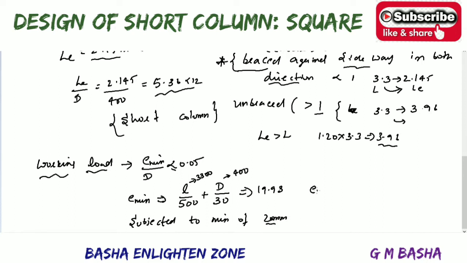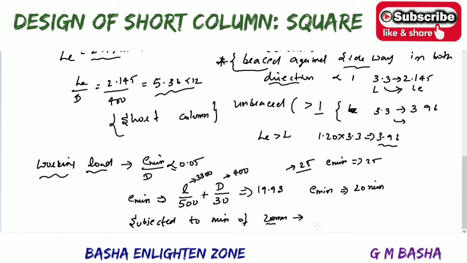Even though you get the minimum eccentricity as 19.93, you will take that as 20 minimum. But if after solving you get some value like 25, you can take the minimum eccentricity as 25. Why? Because you have to take a minimum of 20 mm and take the maximum of whatever is obtained by solving the formula. If after solving you get less than 20, automatically you restrict that value to 20 and take 20 mm only.